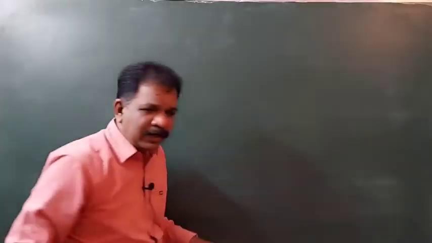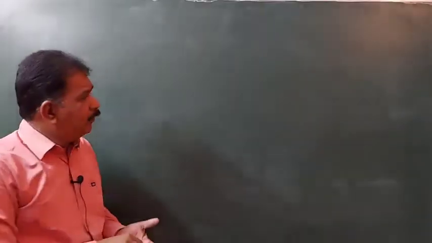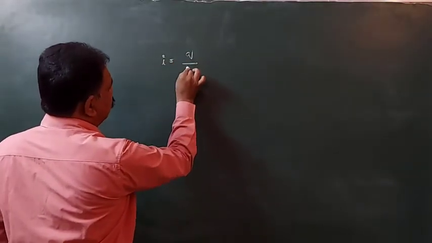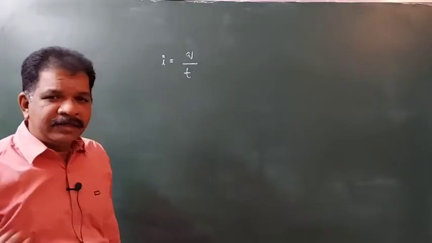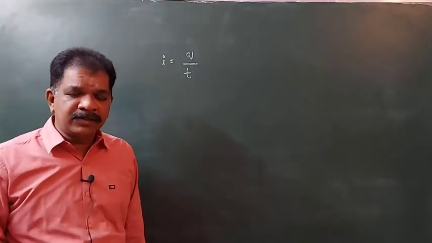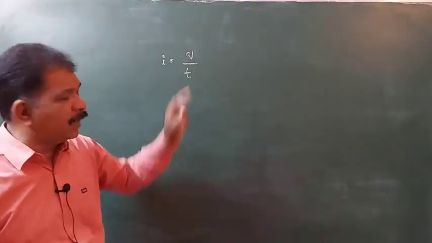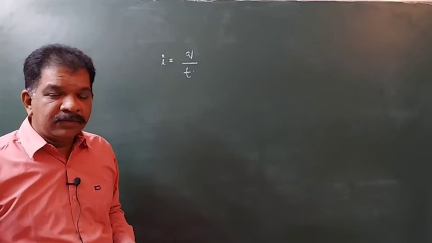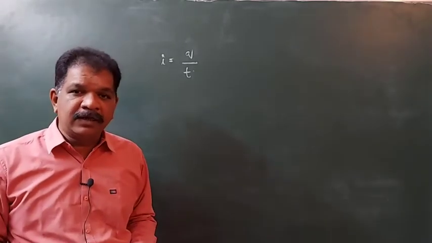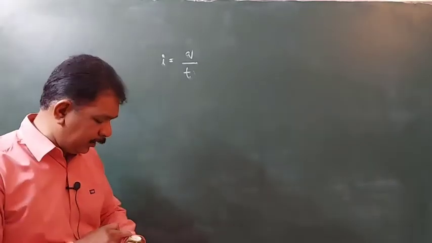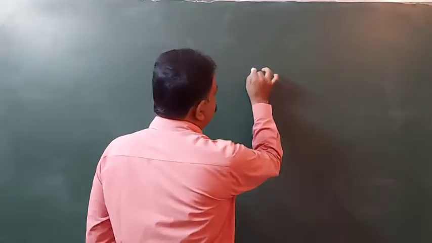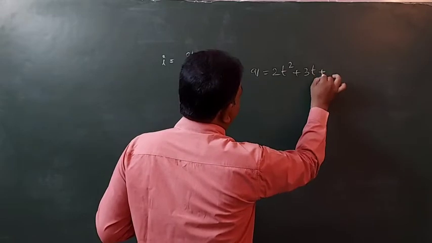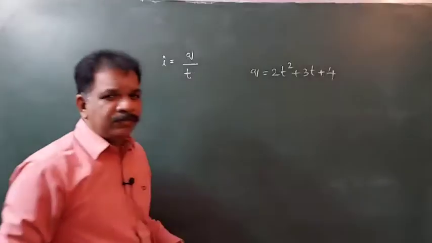In the same way, if current is constant, to find the electric current we use the formula I is equal to Q by T. If charge is not constant, if it is time dependent, then find the electric current. For example, Q is equal to 2t square plus 3t plus 4.